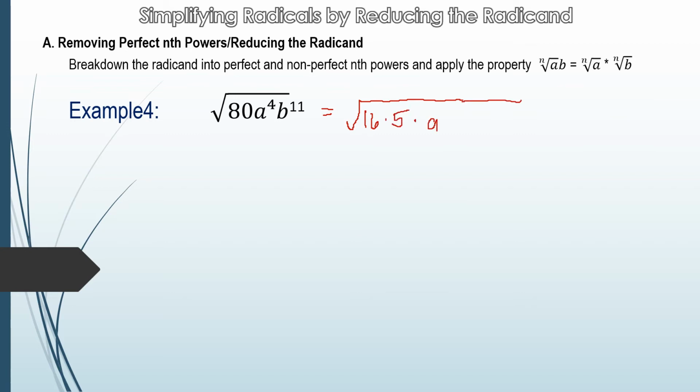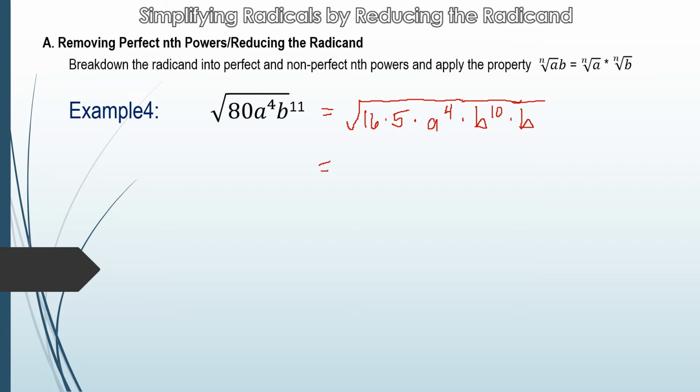And then a to the 4th power times b raised to the 10th power times b raised to the first power. As you can see, we split b raised to the 11th power into b raised to the 10th power times b in order to extract b raised to the 10th power.